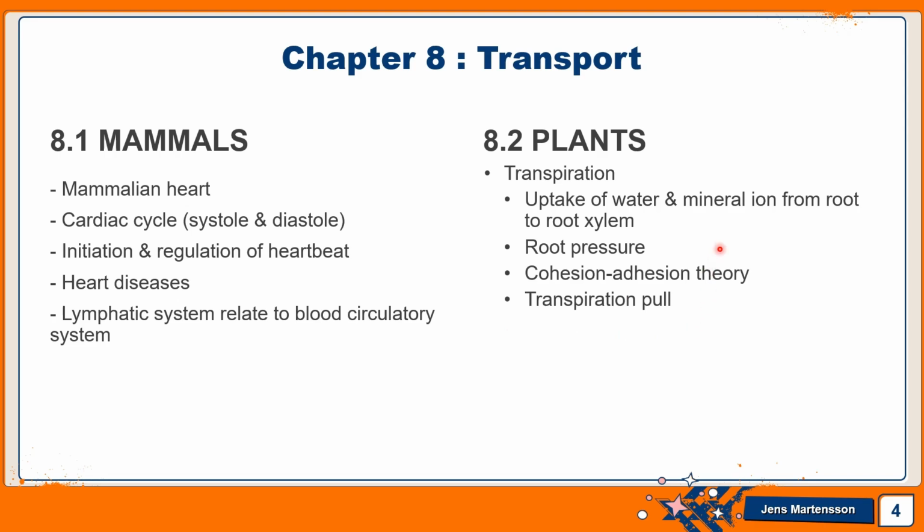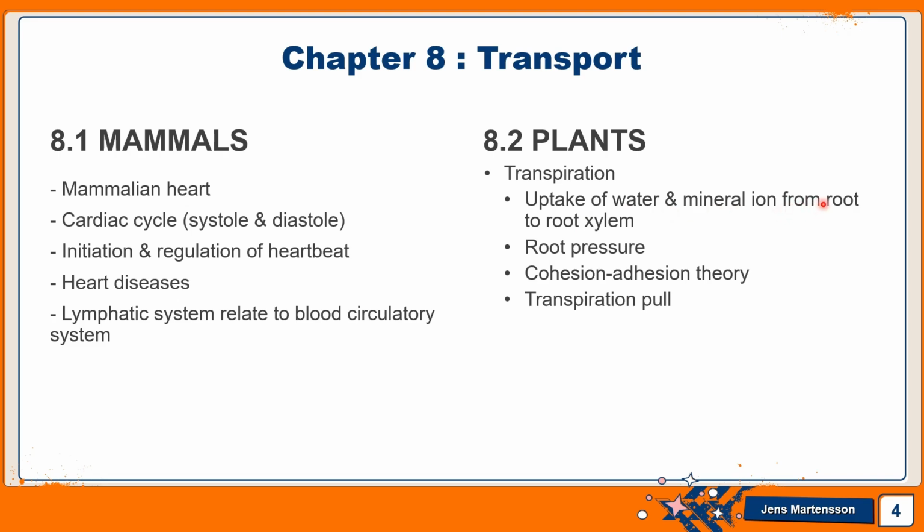But before these 3 pathways, we have to learn one more pathway, that is the uptake of water and mineral ions from root to root xylem. This means that we all know how plants can get water from the root, right?